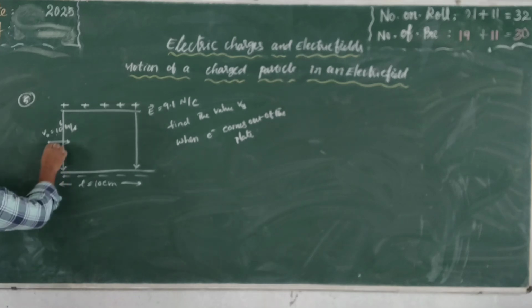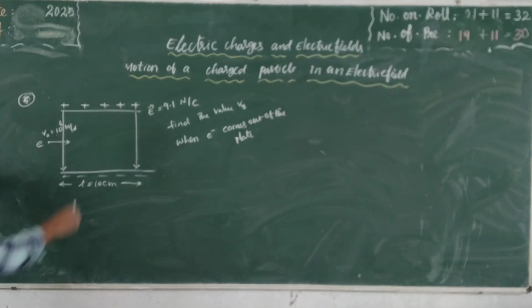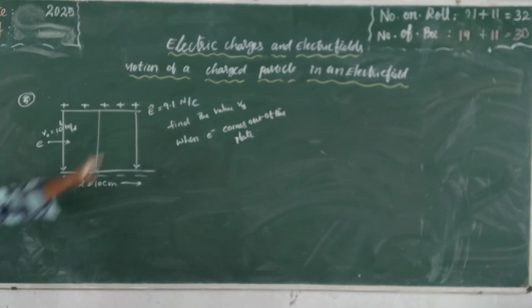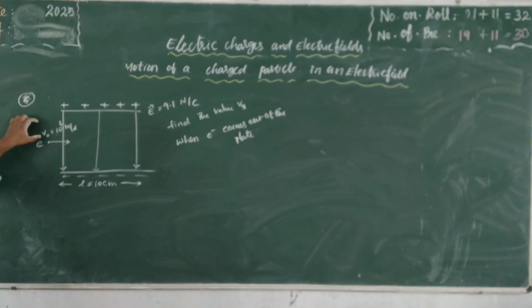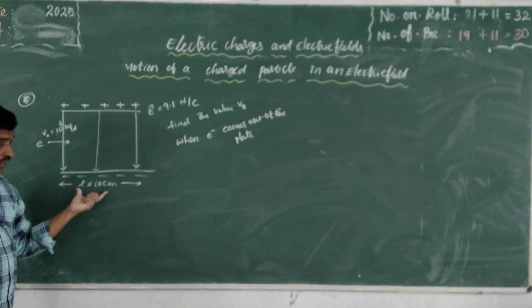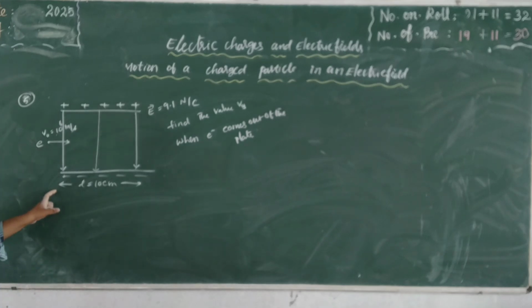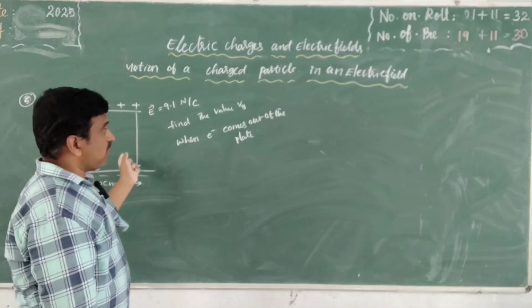See here, the electron is moving in the uniform electric field. The electric field E equals 9.1 Newton per Coulomb, the initial velocity V naught equals 10 power 6 meter per second, and the length of the plates is 10 centimeter. In this case, what is the final velocity of the electron when it comes out?